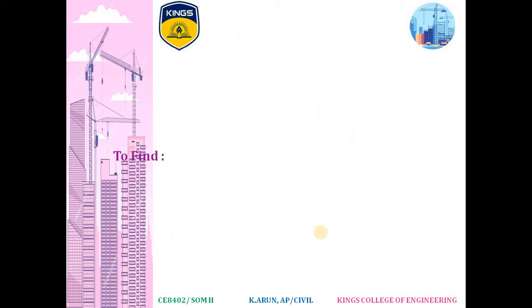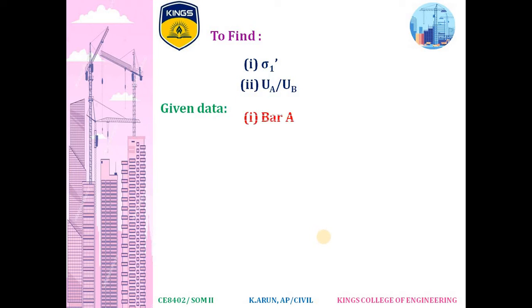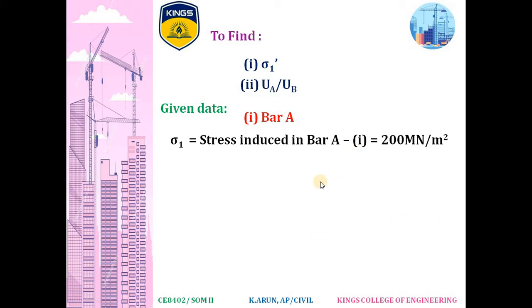So now the solution. We have to find sigma 1 square, that is the maximum stress in bar B, and then the ratio of strain energy A by strain energy B. This is the given data. In bar A, sigma 1 is the stress induced in bar A. They have given the value 200 MN per meter square, and it is for portion 1.